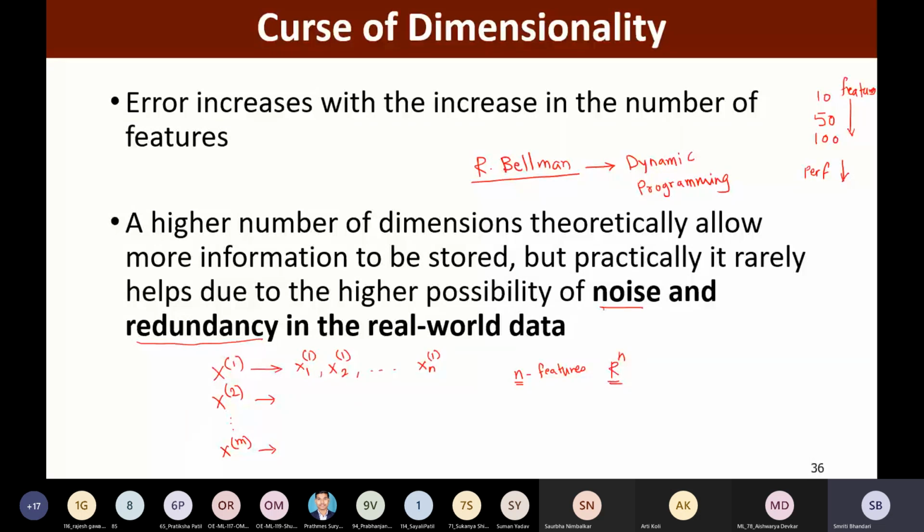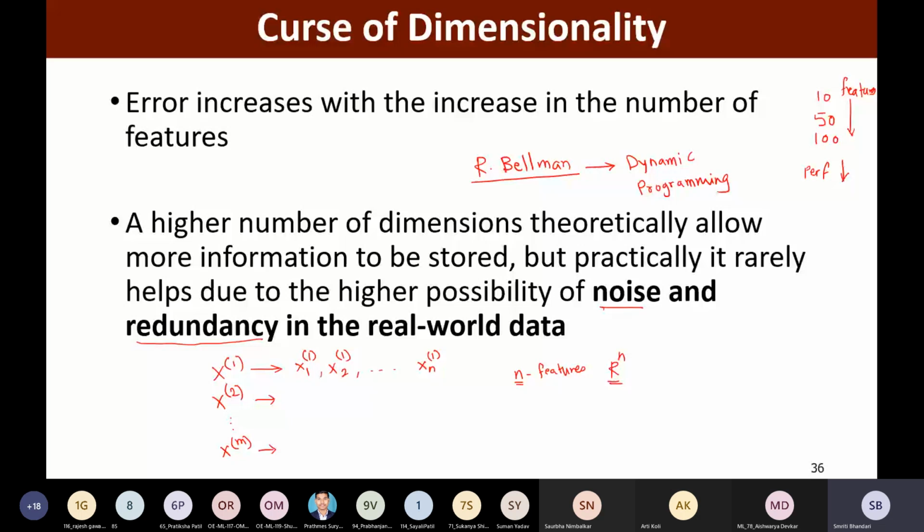I'll repeat, the curse of dimensionality means that the error increases with increase of features, and it refers to the fact that the algorithms are harder to design in high dimensions, and often they require exponentially high running time to execute those algorithms.